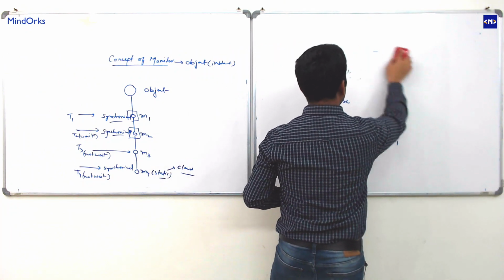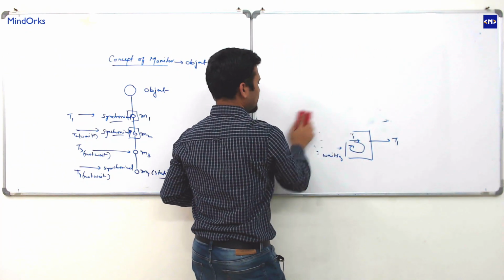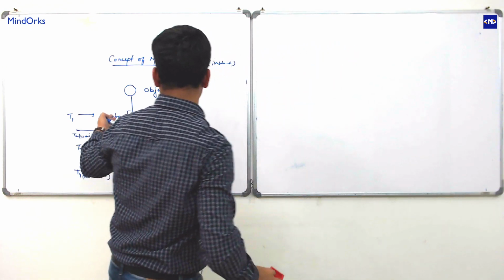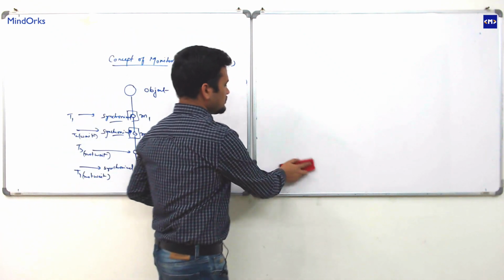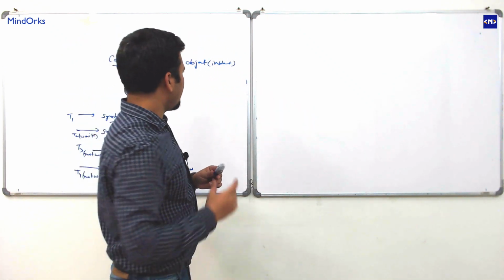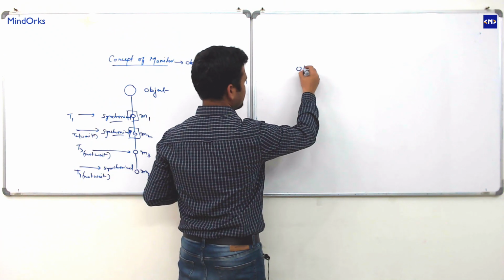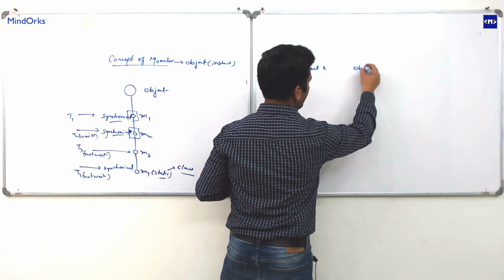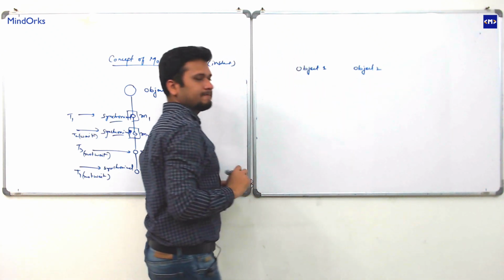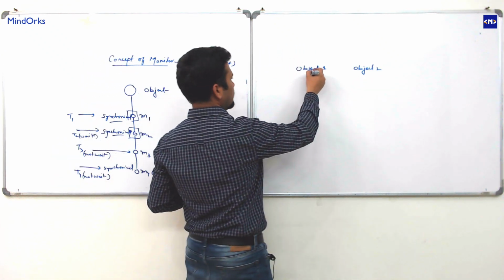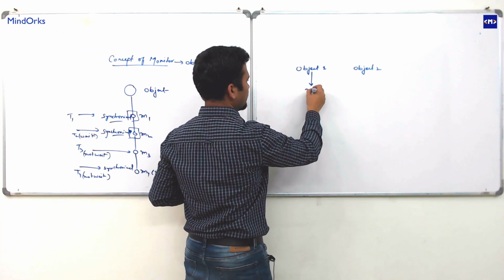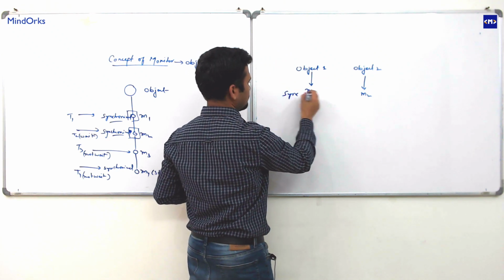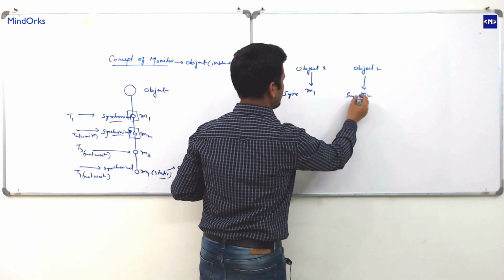Now that we have understood that synchronization is important, and that by default Java has provided us a way of enforcing it, suppose you have two objects, object 1 and object 2. Object 1 has one synchronized method, and object 2 has a synchronized method too.